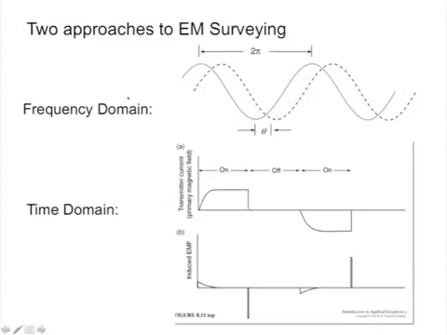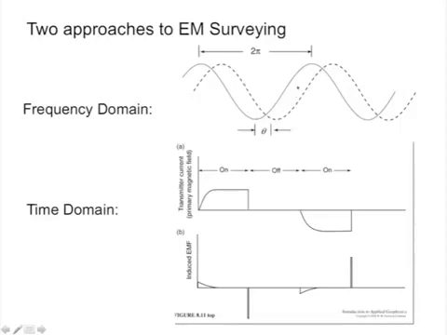Okay, in the frequency domain method, we have a transmitter coil, and we put a sinusoidal alternating current through that coil, and so that coil is going to produce a sinusoidally alternating magnetic field. Okay, and then a little ways away we'll have a receiver coil.